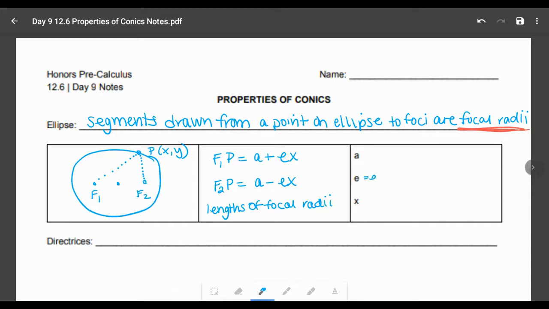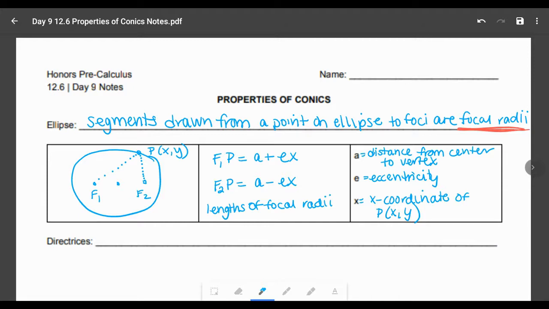E we know is eccentricity. The A is the value that's seen in the denominator, but more specifically, we're going to call it the distance from the center to the vertex, to either vertex. X is going to be the x coordinate of whatever point that you're dealing with. And we're going to call that point x comma y.